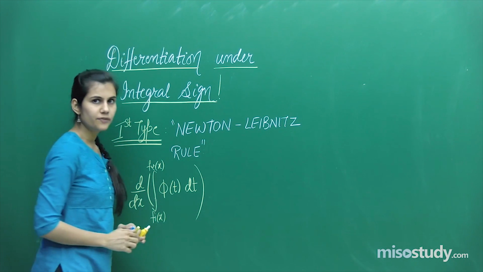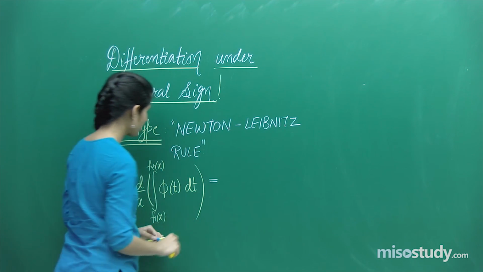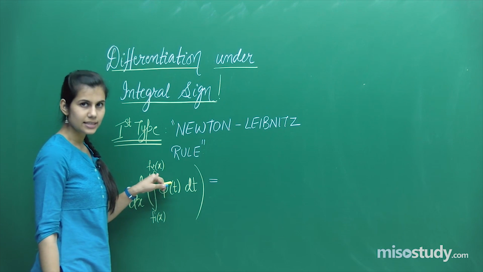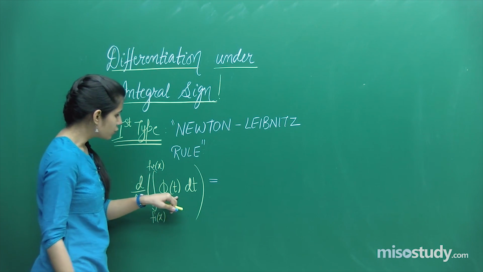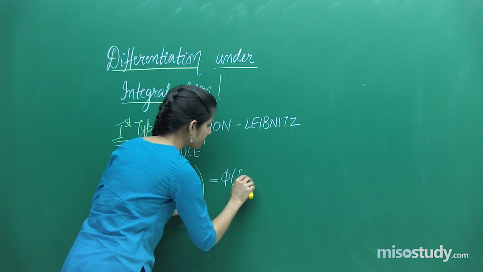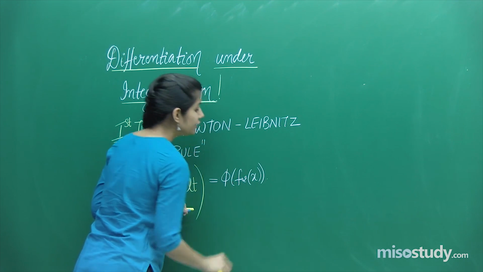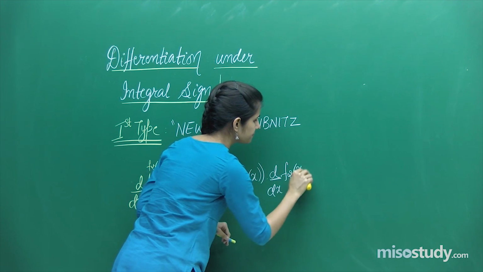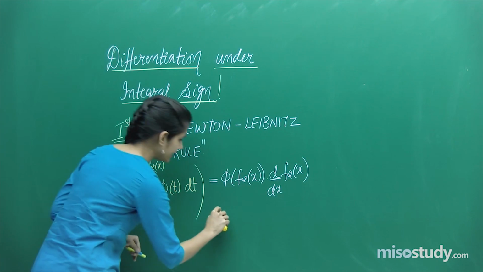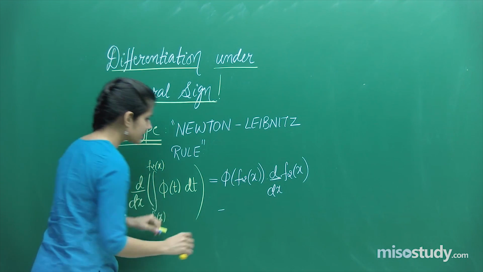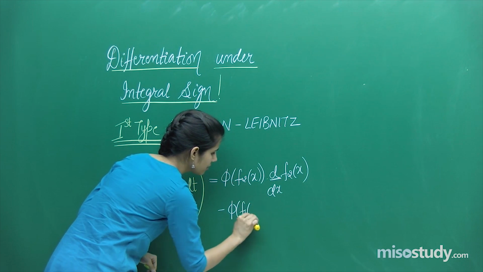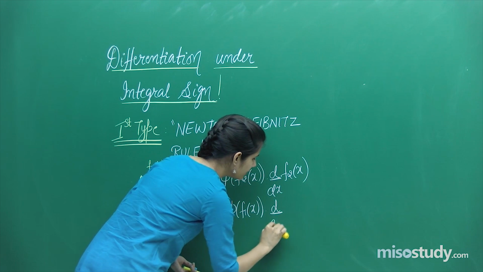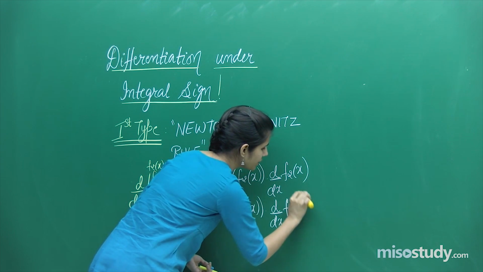The formula of such differentiation becomes what? d by dx of integral phi t dt from f1x to f2x happens to be phi of f2x into d by dx of f2x minus phi of f1x. f1x also is a function of x, so I will be multiplying with differentiation of f1x with respect to x.